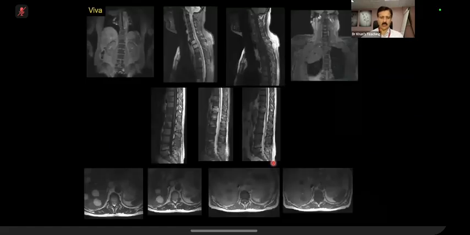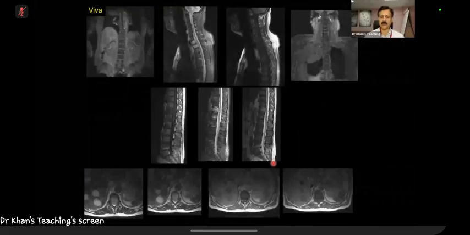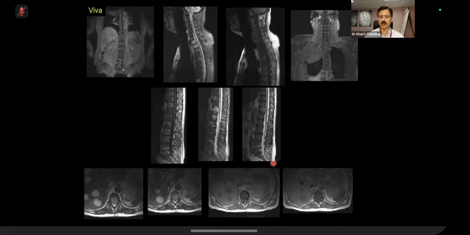That's fine. This is a case which we will skip, but just to make a point, in the exam these kinds of cases can come where multiple findings are visible on the available sequences to make a conclusive diagnosis. If I don't show you other sequences, for example, here you will say low signal on T1, high on STIR, multifocal.